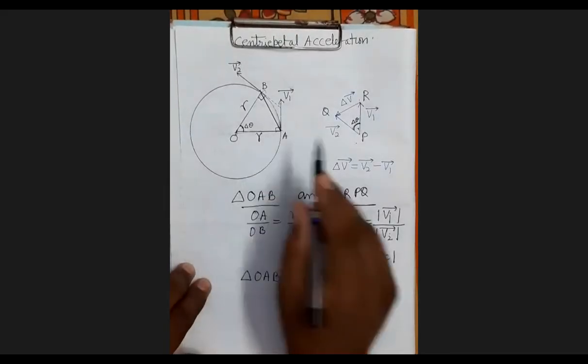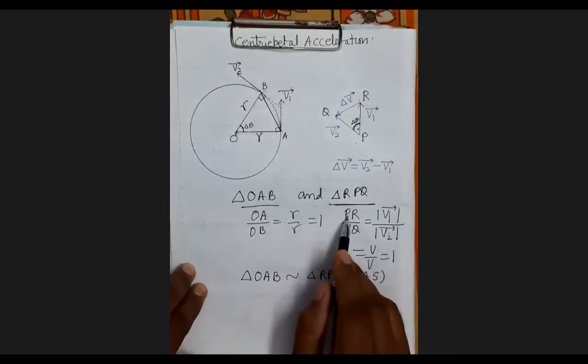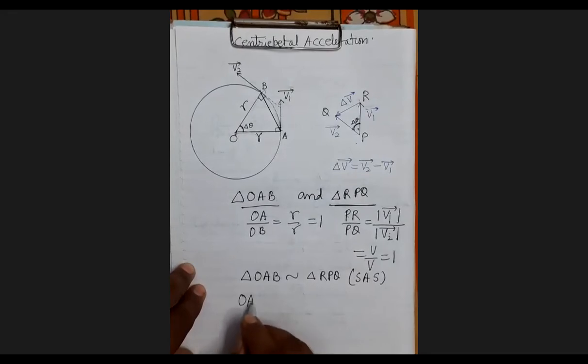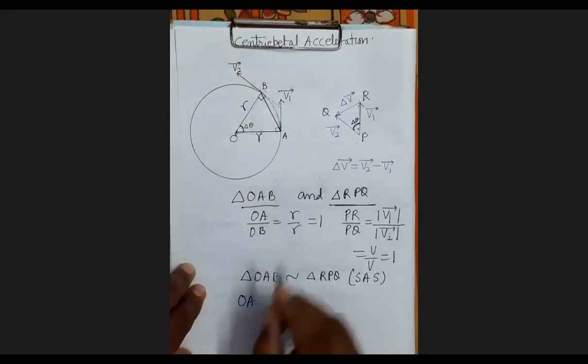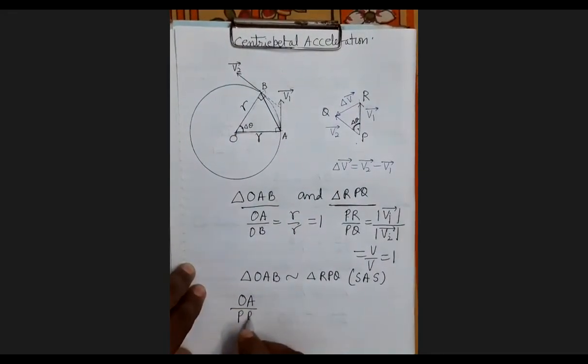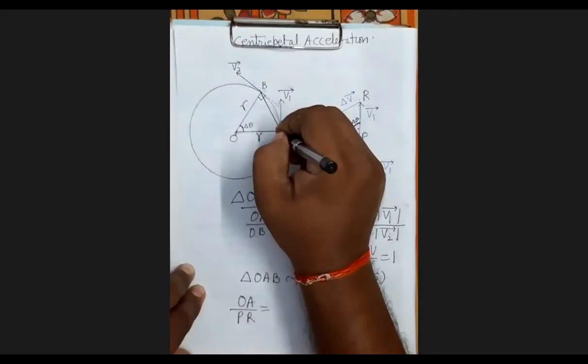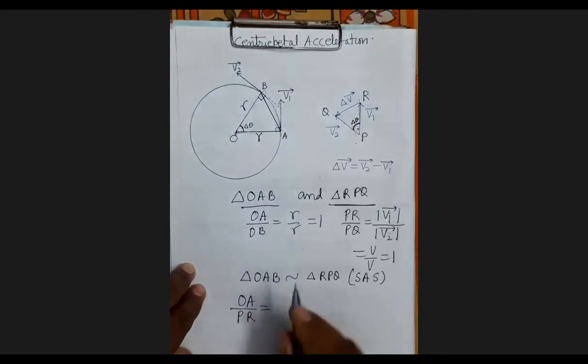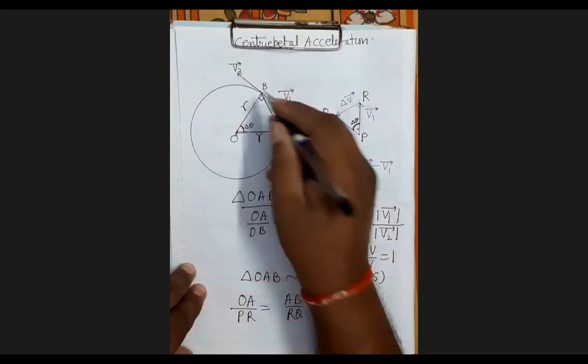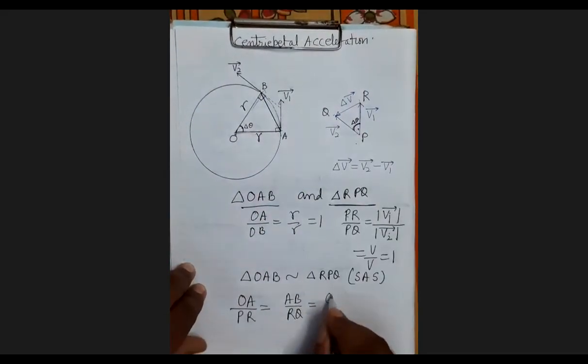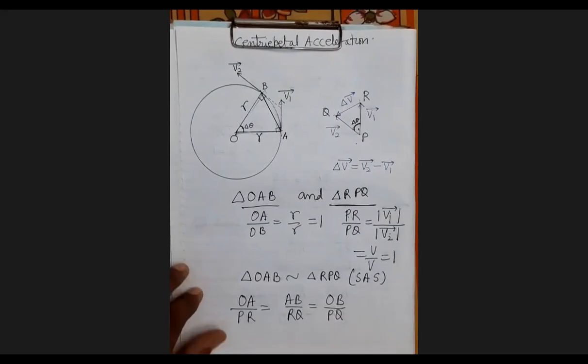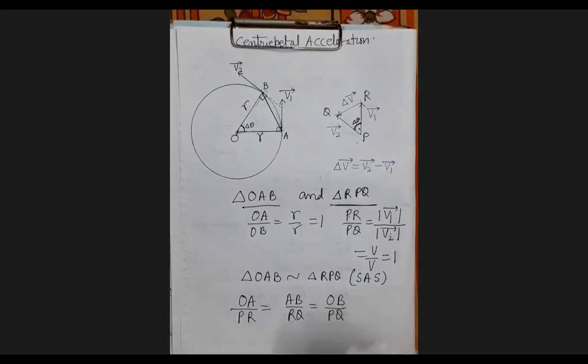So OA corresponds to PR. OA upon PR equals AB upon RQ equals OB upon PQ. The ratio of corresponding sides remains the same in similar triangles. It's clear that it remains the same.